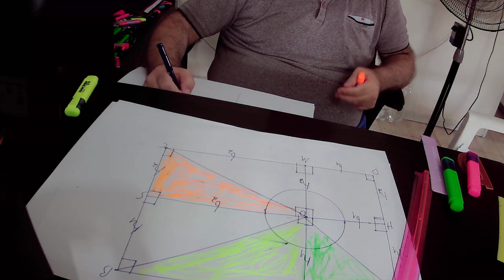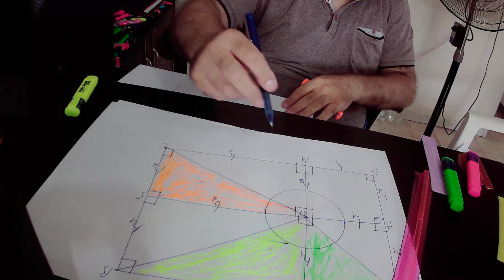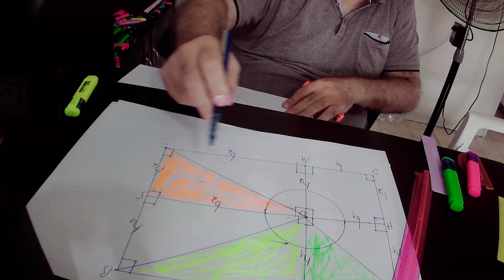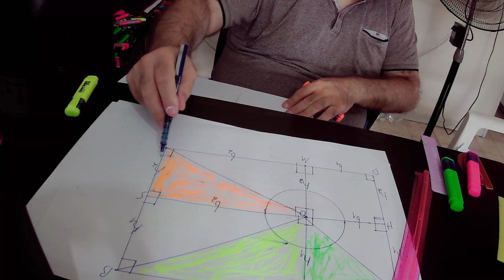Okay, repeat again, in the orange triangle, triangle OSC, according to the Pythagoras theorem, CO square equals B2 square plus H2 square.